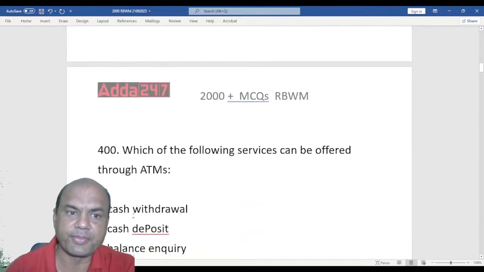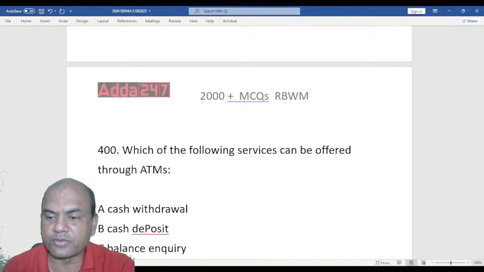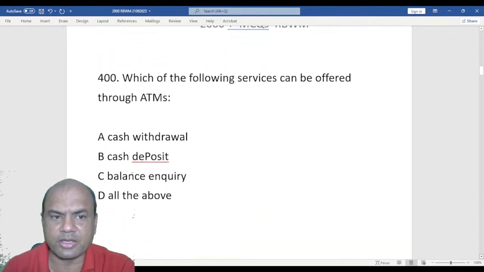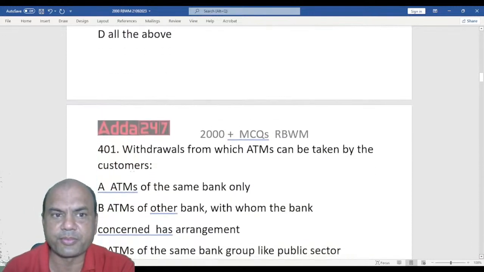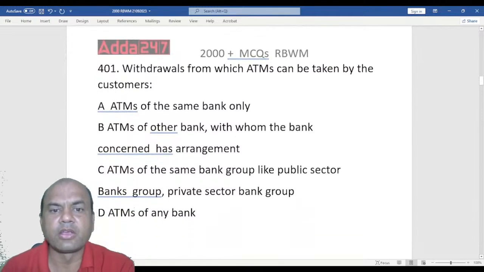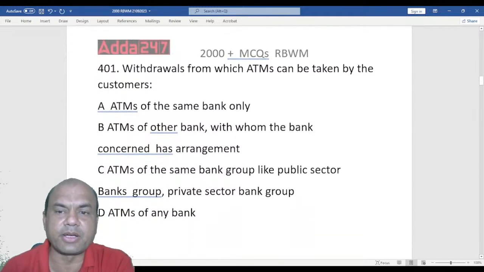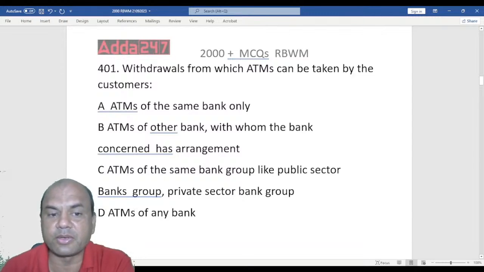Okay, next one. Withdrawals from which ATMs can be taken by the customers? ATM from the same bank only, ATM from the other bank with whom the bank concerned has an arrangement, ATM of the same bank group like public sector bank, private sector bank group, etc. Means from the same bank group.